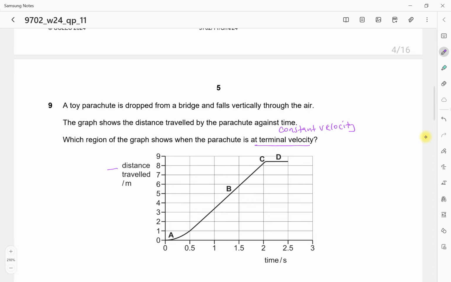Since it is a distance against time graph, the gradient equals the velocity. The gradient will be velocity, and the gradient is constant at B. Here, the gradient is 0.